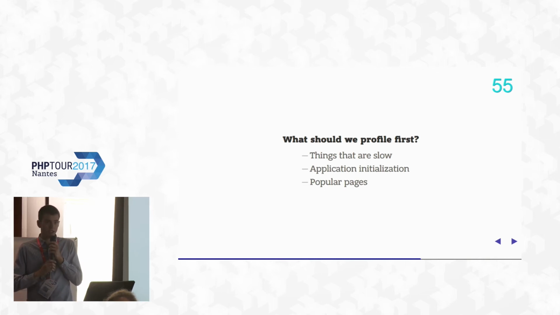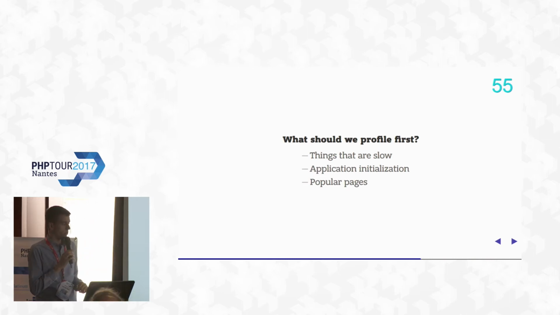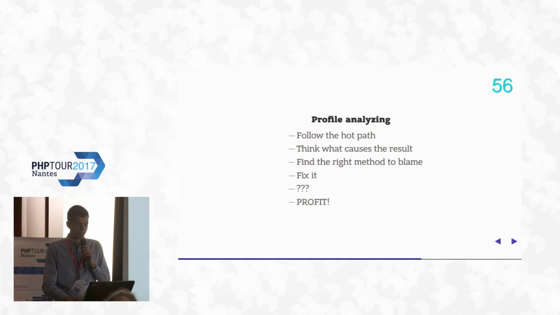The application initialization, especially when you have a framework that bootstraps a lot at the beginning, probably some of the bootstrapping things are slow, and profiling is a good way to know it. And the popular pages of your website or application that are most visited by users, and of course they should be fast. So profile analyzing is quite easy.